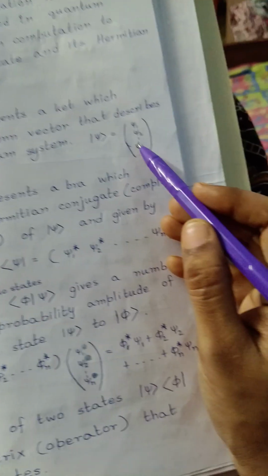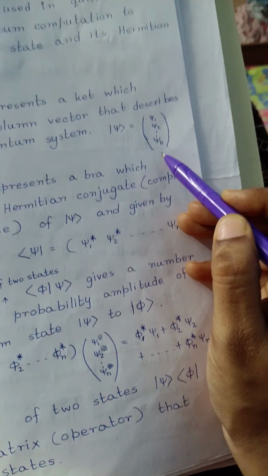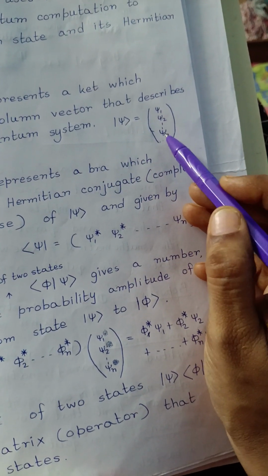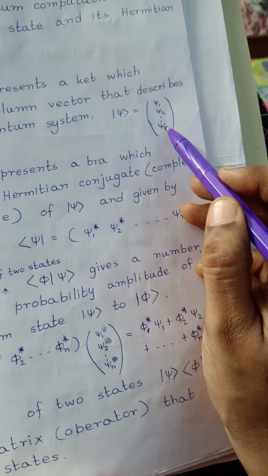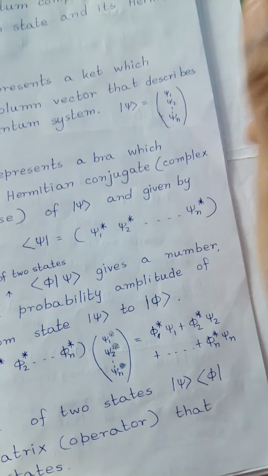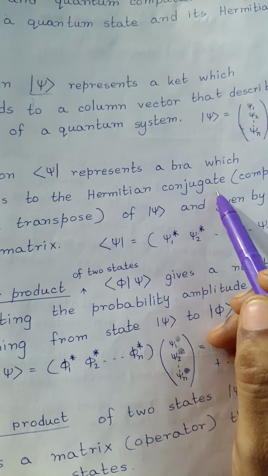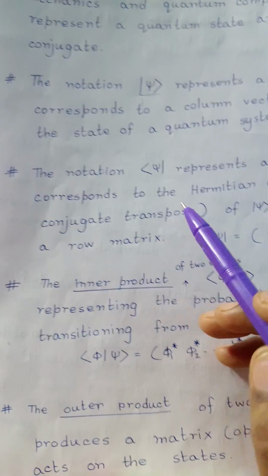But here we are dealing with a number of linearly independent components. So, we will take the complex conjugate of each of the elements, and after taking the complex conjugate of each of these elements, we will take the transpose of this matrix. So, Hermitian conjugate represents actually complex conjugate transpose.